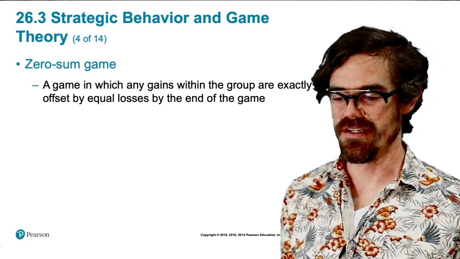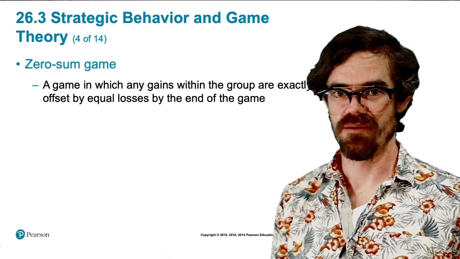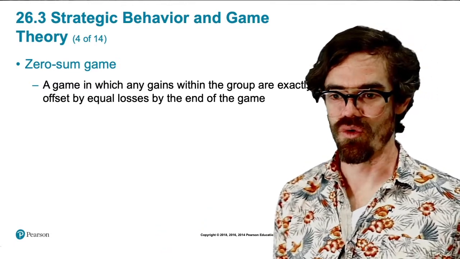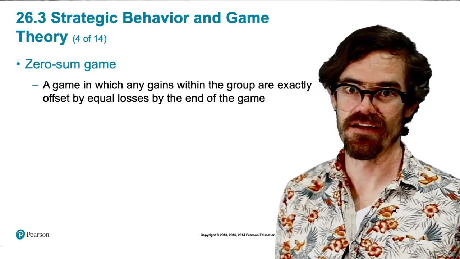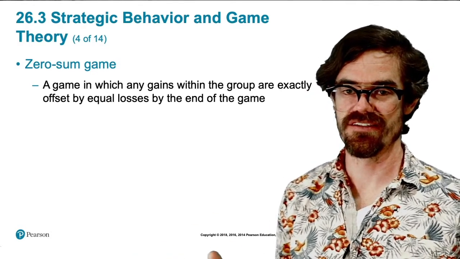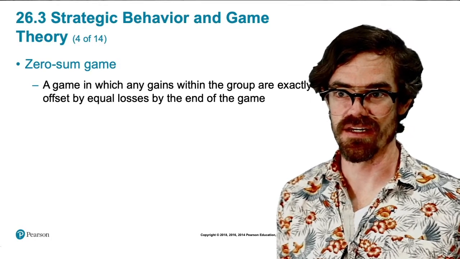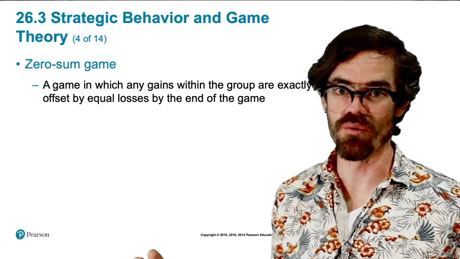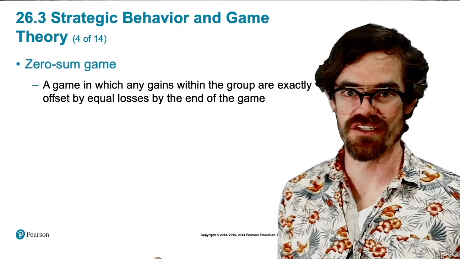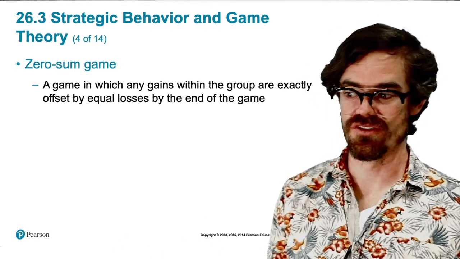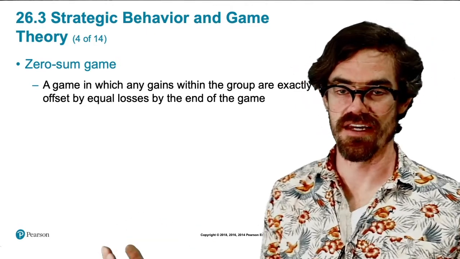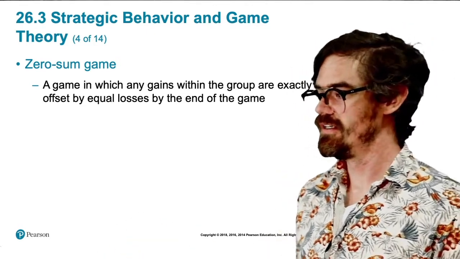But it's either player A wins and player B loses, or player B wins and player A loses, or there's a tie, right? And so in that sense, it's a zero-sum game because a tie is basically no one wins. So there's no gains, there's no losses though. Or someone wins and someone loses. So there's a gain and there's a loss, and they exactly equally offset one another.